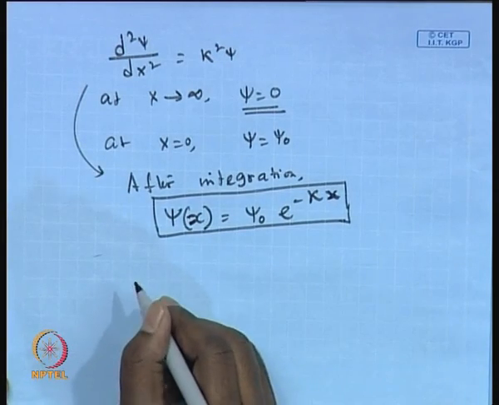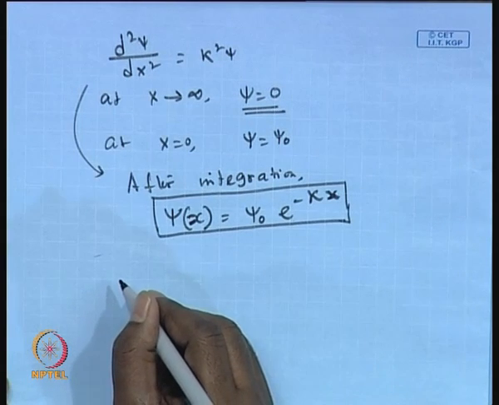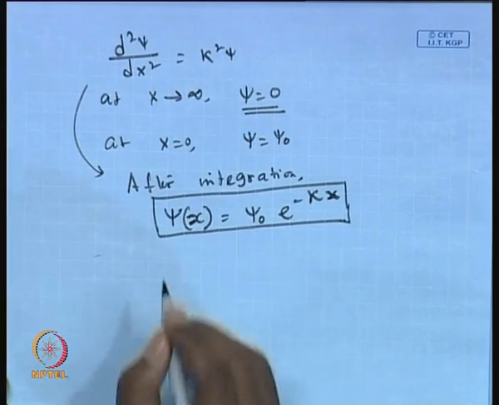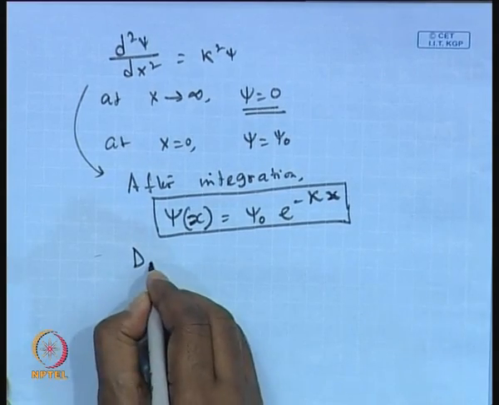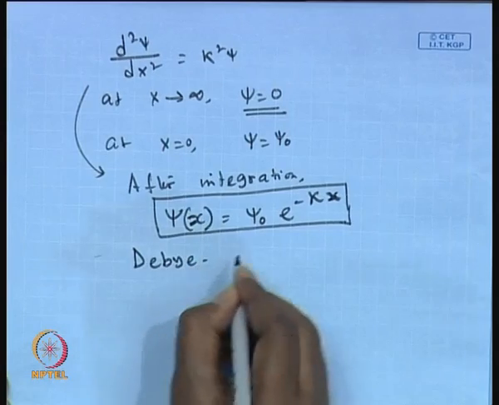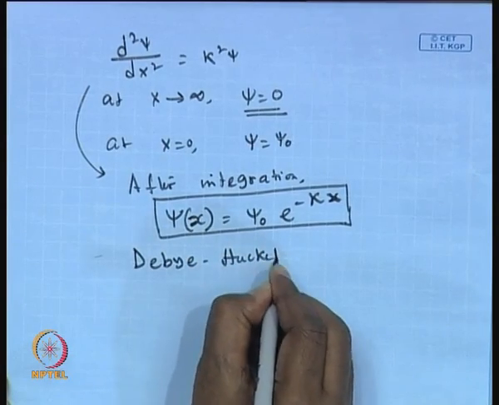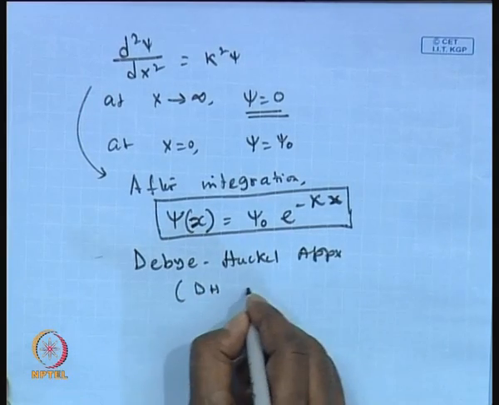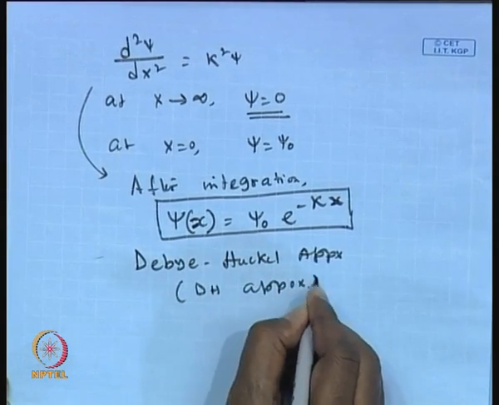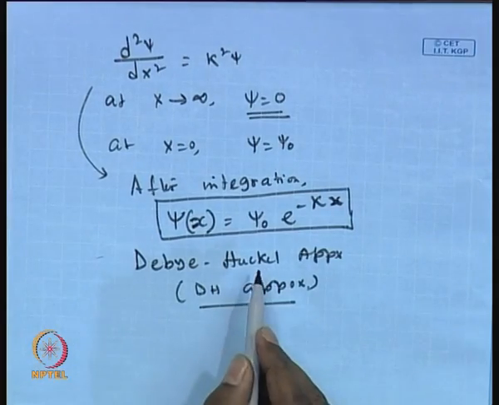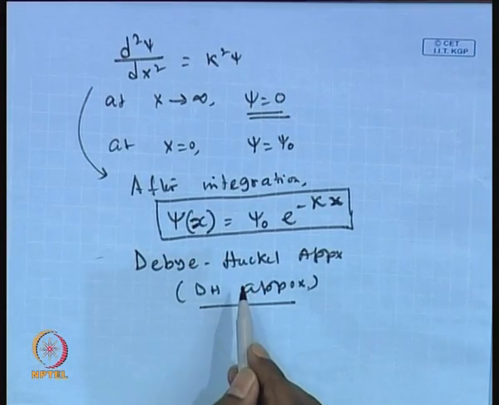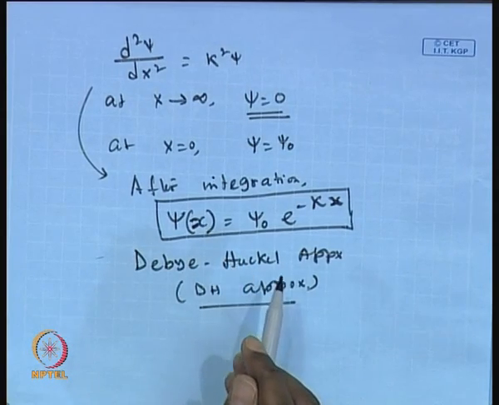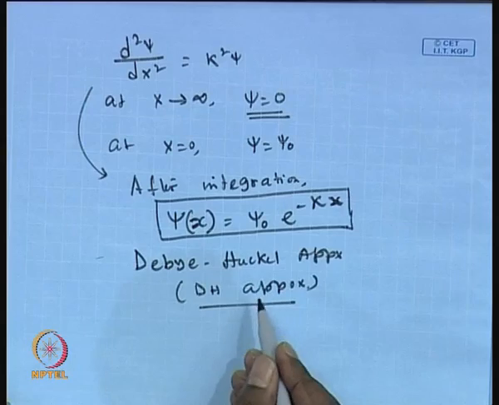So, this distribution is generally obtained. You should remember the underlying principles or assumptions that are required to have this distribution. This is of course obtained under the Debye-Hückel approximation. Under the Debye-Hückel approximation, the potential declines exponentially from the surface towards the bulk.